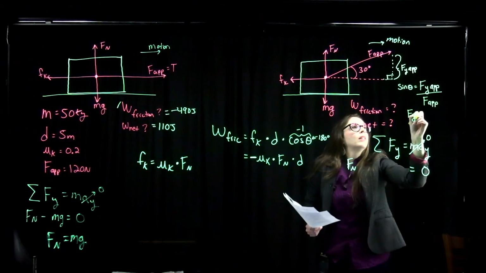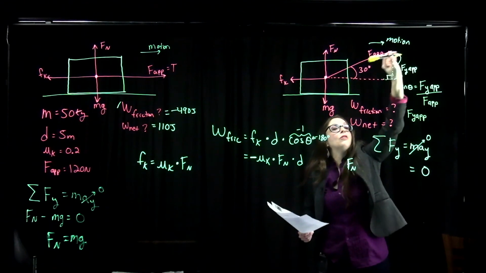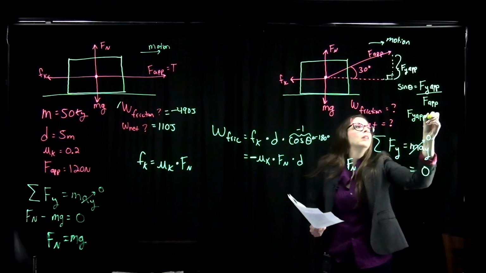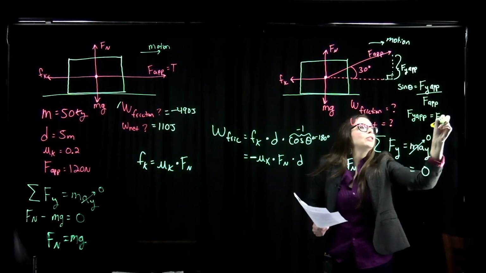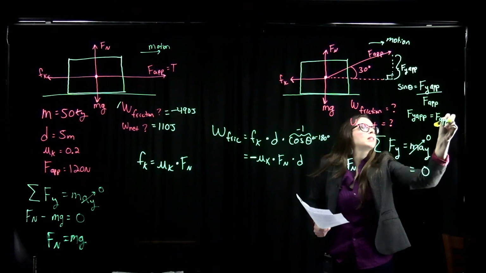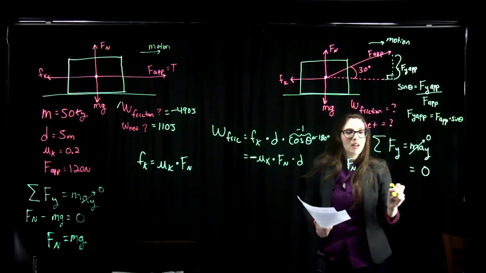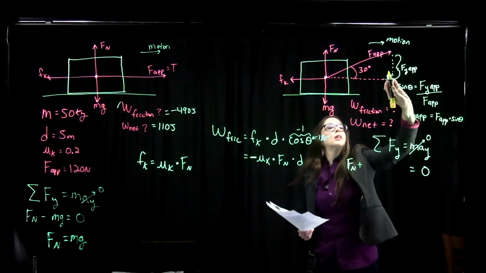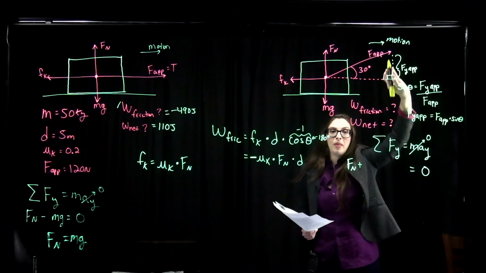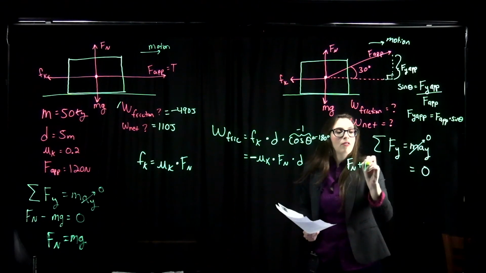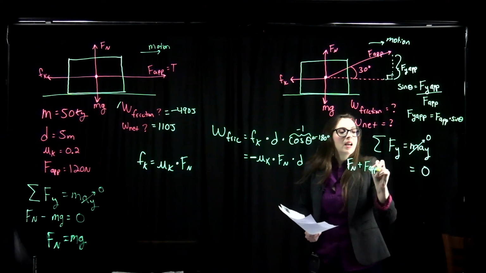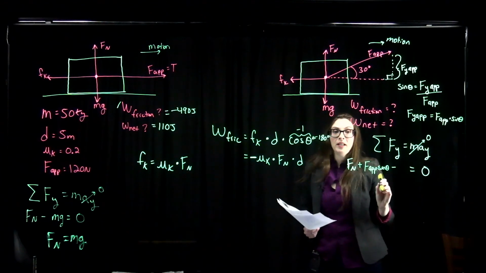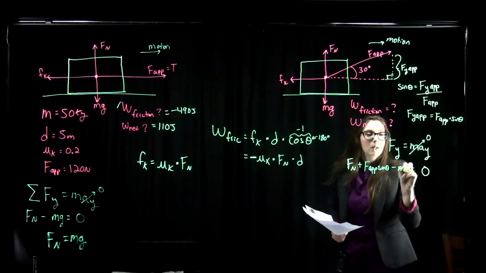So this applied force in the vertical direction, because I'm pulling at some angle above the horizontal, is equal to the magnitude of my applied force times sine theta this time. So we've got our normal force plus this vertical component of our applied force, which is F applied sine theta, and then we have the mass times gravity pointing down, so minus mg.